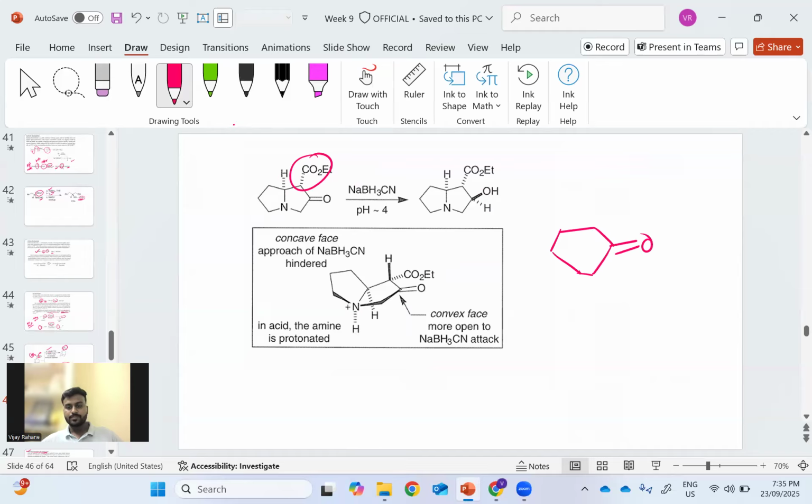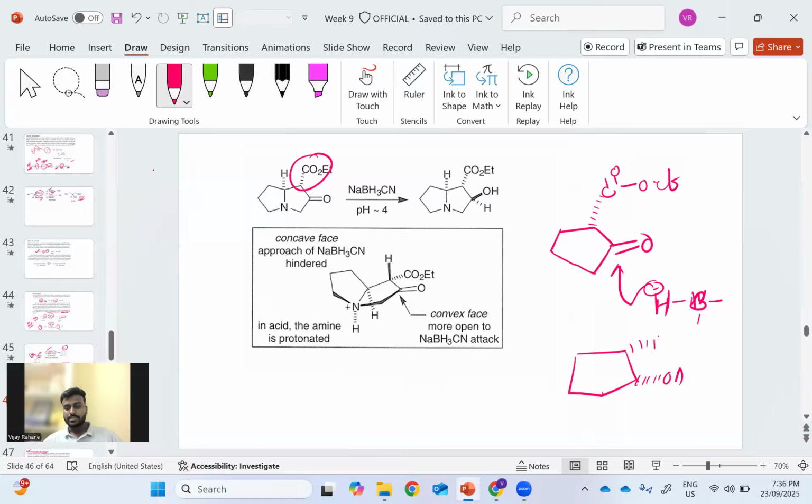So if you have such molecules, with C double bond OEt, and you add the sodium cyanoborohydride, the hydride transfer takes place from the top side, and we get the product which has the hydroxy group directing downward.